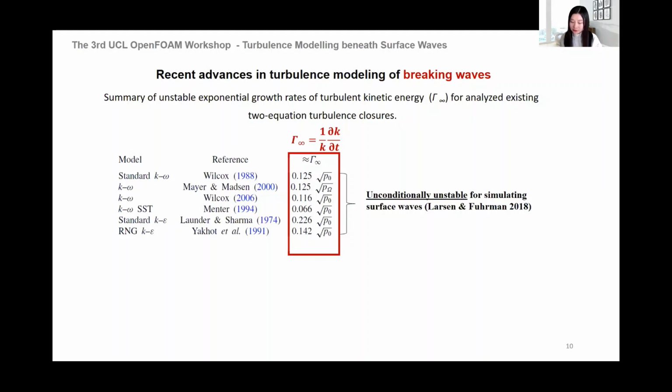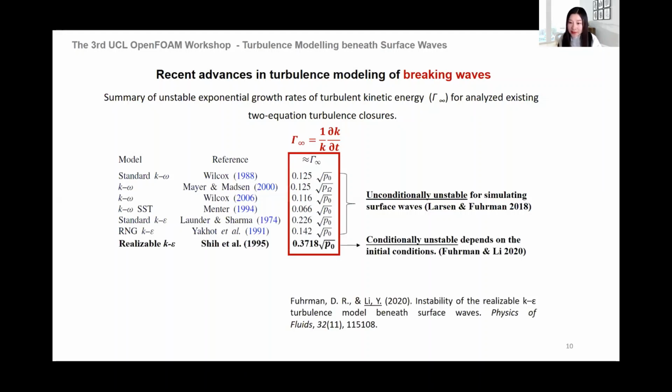And recently, Professor Furman and I analyzed a more complicated but popular two equation model, the realizable K-epsilon model. My colleague just told me that he was using Star-CCM+. When you use the K-epsilon model in Star-CCM+, the default one is actually this realizable K-epsilon model.